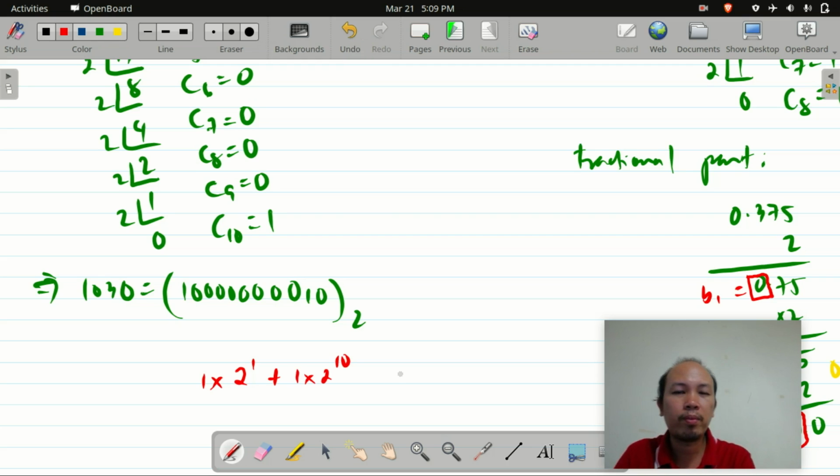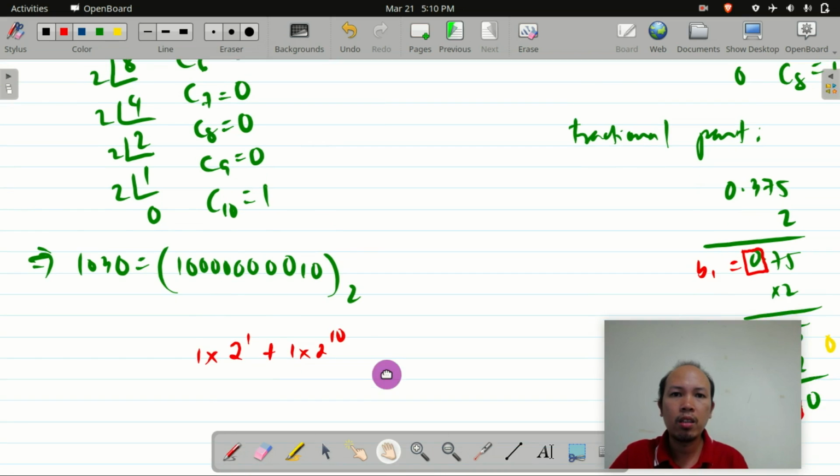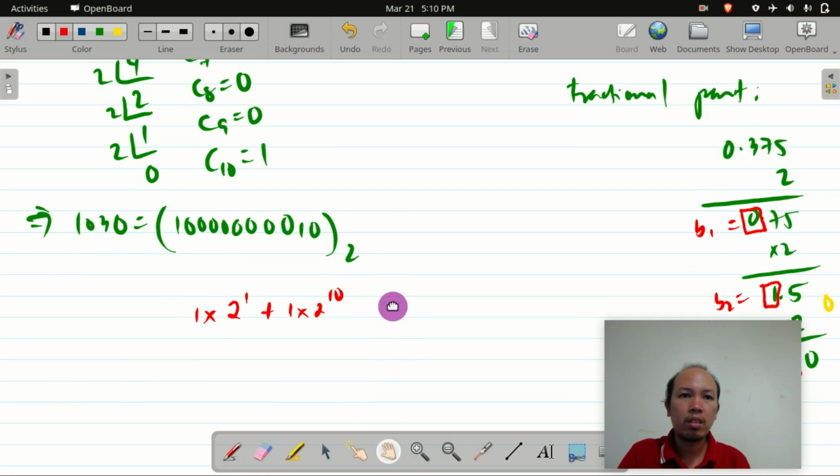Okay, so let's try to evaluate it. So this is 2 plus 2 to the 10. 2 to the 10 is 1024. Sorry, 1000. Oh my god, what happened?